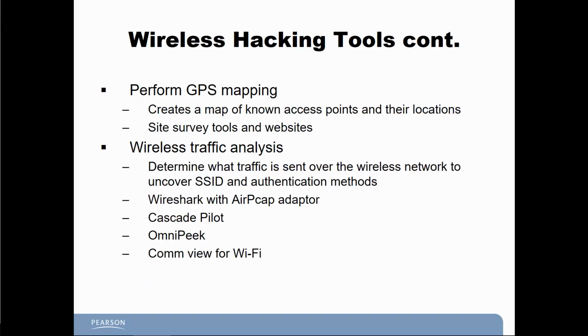We could be looking at doing GPS mapping, basically being able to hijack a phone or hijack devices so that we can actually map locations of devices. Next, wireless traffic analysis. We're normally going to be using Wireshark or OmniPeek to analyze the traffic. That's going to be wired or wireless, doesn't really matter.